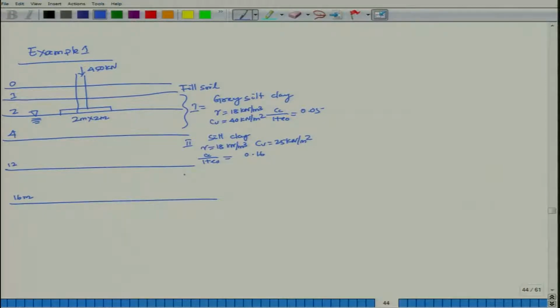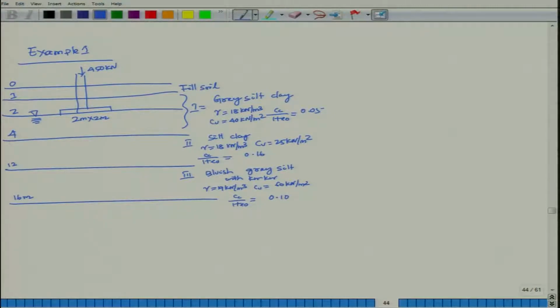Layer 3, it is again bluish grey silt with kankar, gamma is equal to 19 kilonewton per meter cube, Cu is equal to 60 kilonewton per meter square, Cc by 1 plus e0 is equal to 0.10.